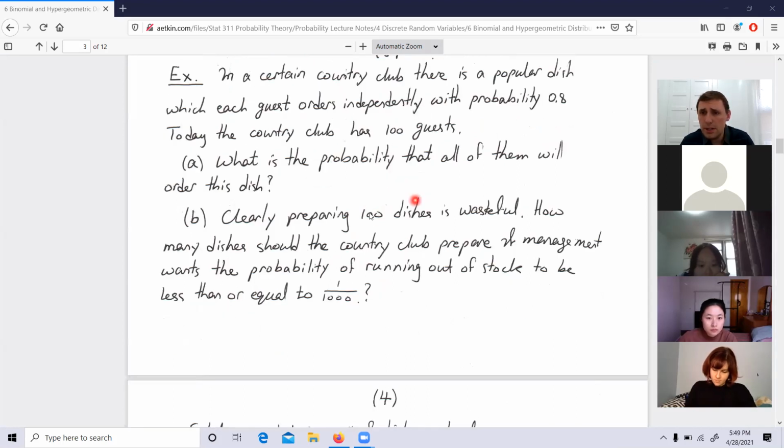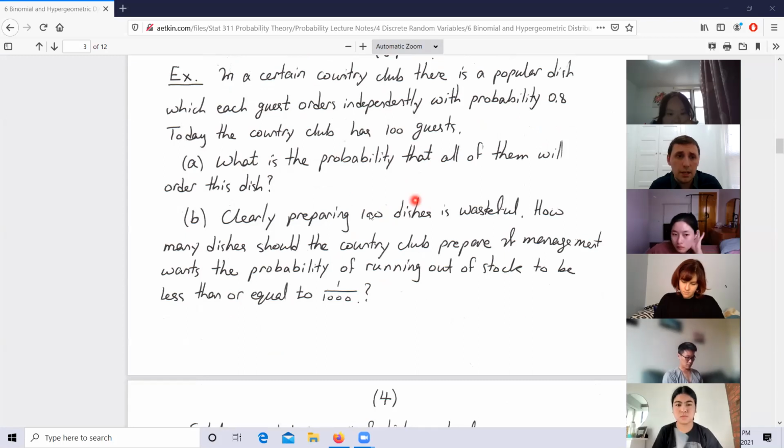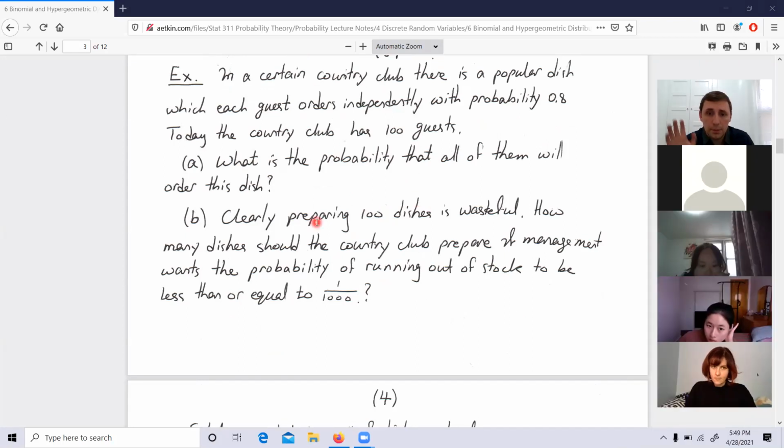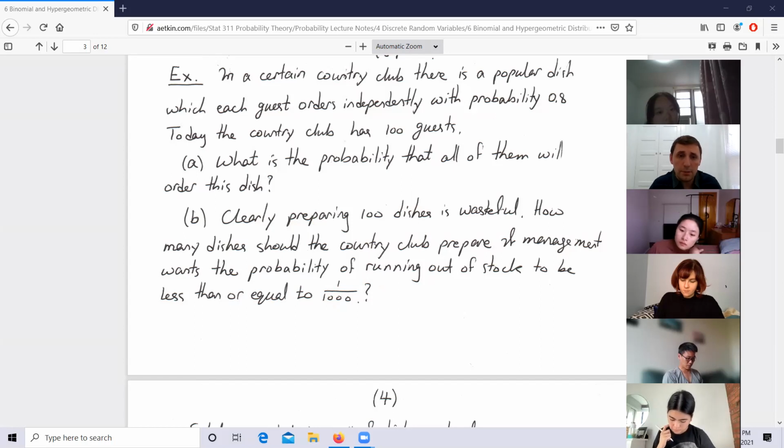We want to prepare just enough dishes so that the probability of running out of stock is less than 1 over 1,000. So the question is, how many dishes do we need to prepare so that the probability of running out of stock will be less than 1 out of 1,000?